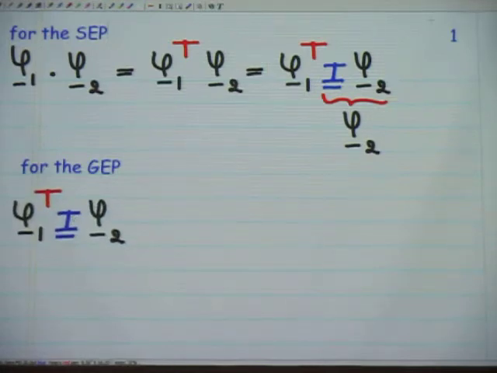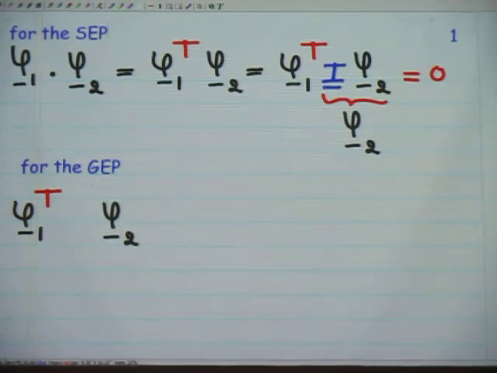Let me remind you that orthogonality is that the dot product is equal to 0. Right? And now for the generalized eigenvalue problem, we have the mass matrix in between. Okay. And so orthogonality means that phi1 transpose times the mass matrix times phi2 equal to 0.